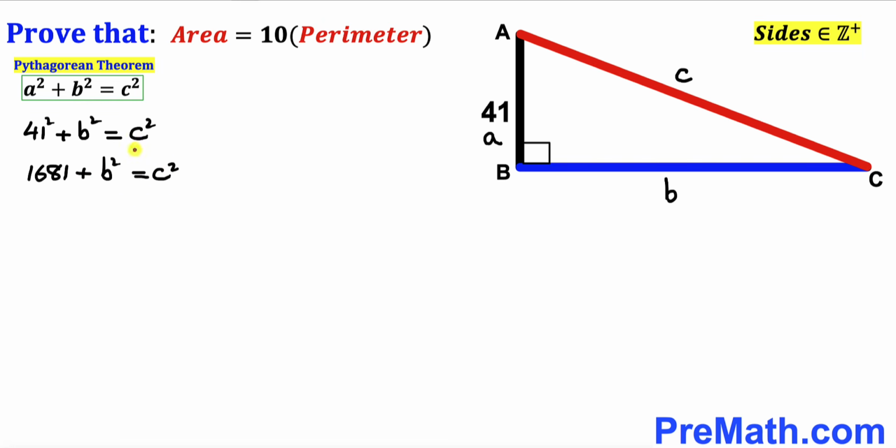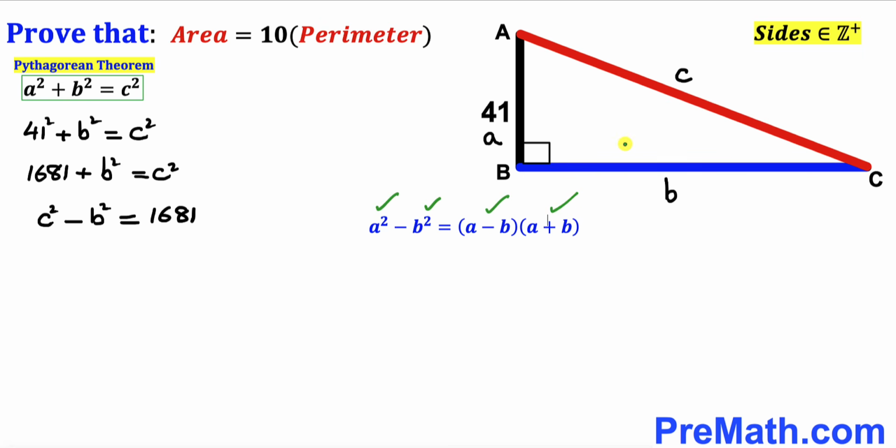Now I'm going to move this b square to the other side. So we end up with c square minus b square equals 1681. Now let's recall this famous identity: a square minus b square can be written as a minus b times a plus b. In other words, the difference of two squares is equal to the product of the difference and the sum.